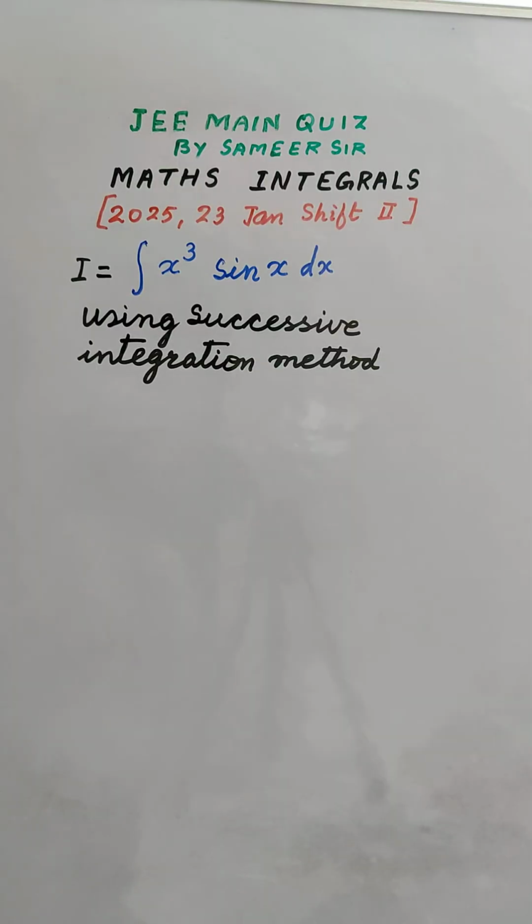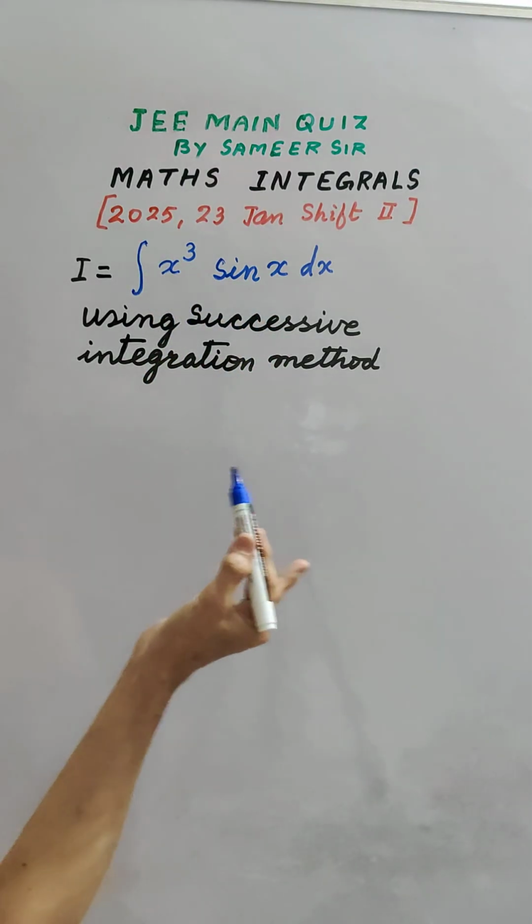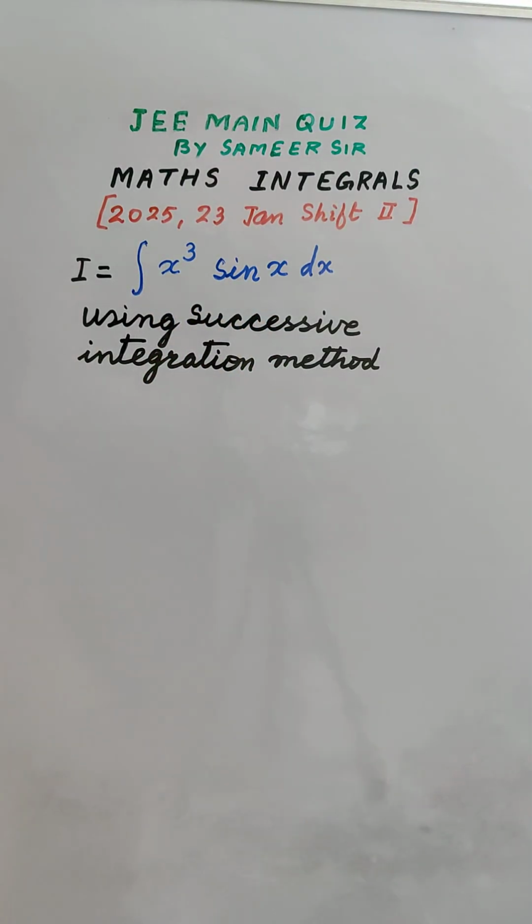Here we shall use the successive integration method. Let I be equal to integration x cube sin x dx. Here the power is 3, so it will be integrated 4 times successively.